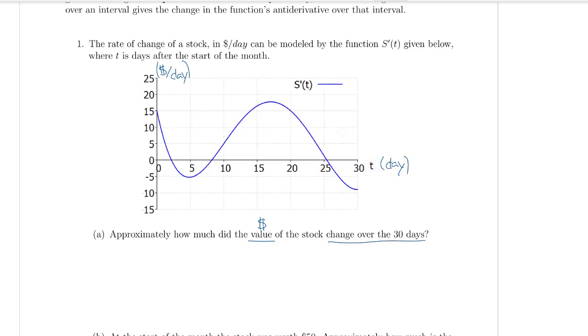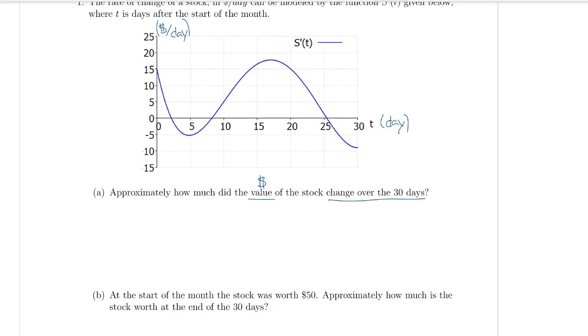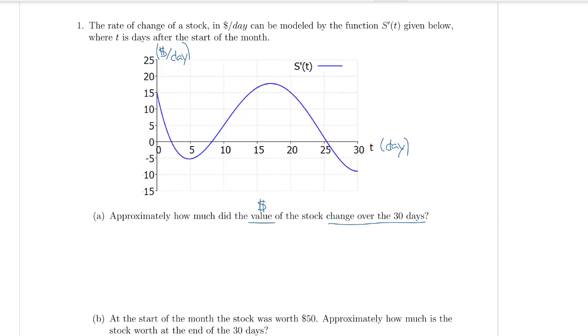So did it increase by $50? Did it decrease by $30, etc.? So the way that we find that is integration. So one way to see that is to pay attention to what the units of integration would give you. So if you were to integrate s prime of t, you would be multiplying units.